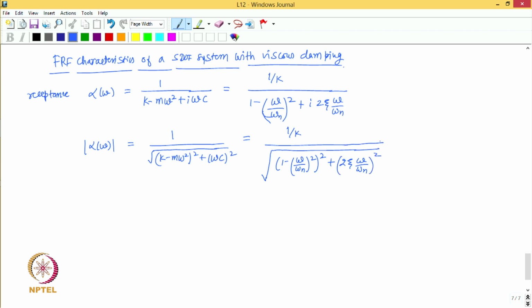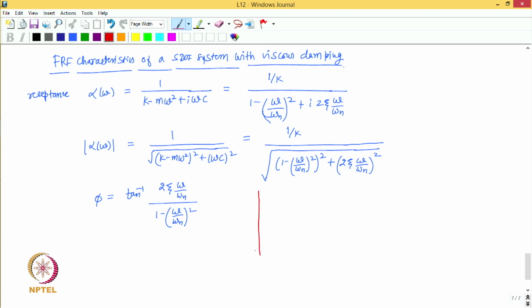right. So, that is the magnitude, and of course, we can also determine the phase, which I can write as phase lag phi equal to tan inverse of 2 zeta omega upon omega n upon 1 minus omega upon omega n whole square, right. For a single degree of freedom system with viscous damping, we have got this magnitude and phase.